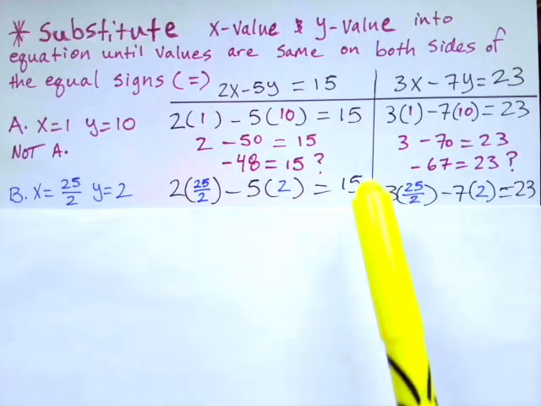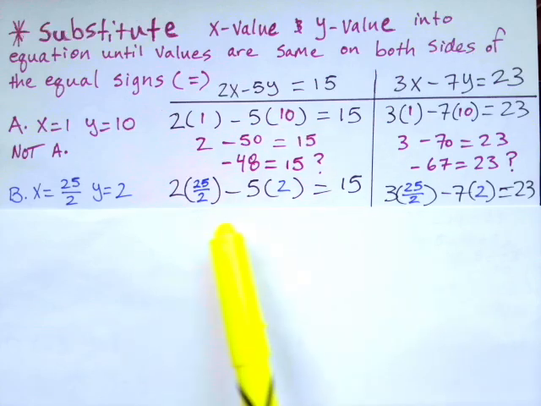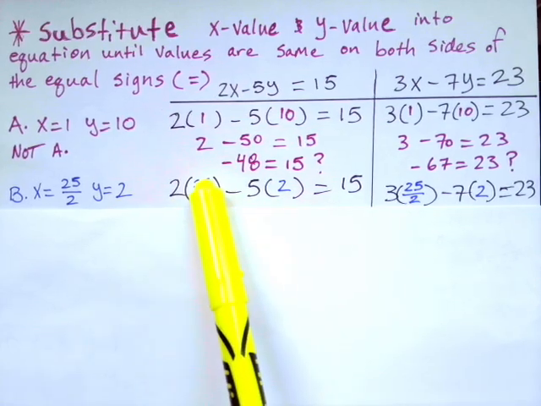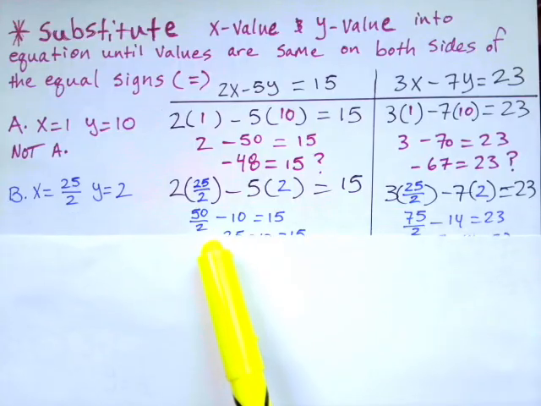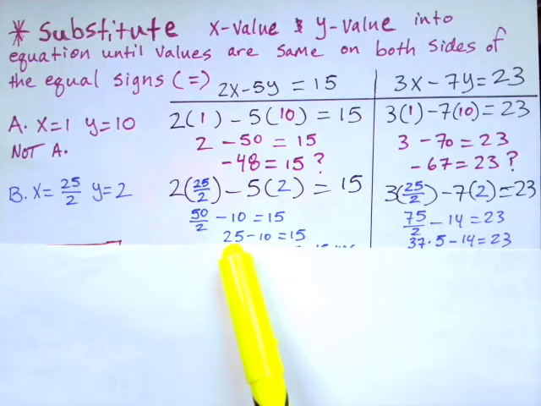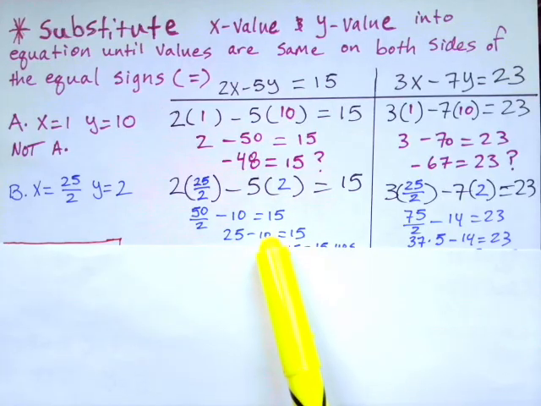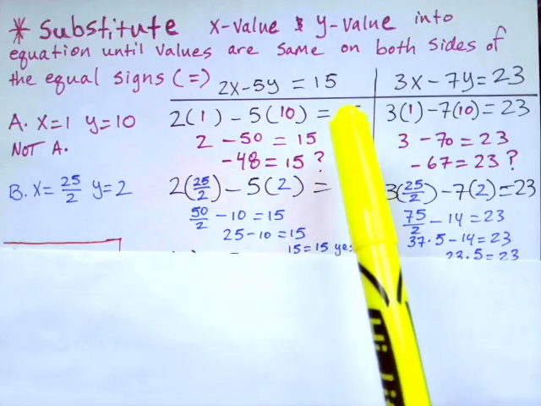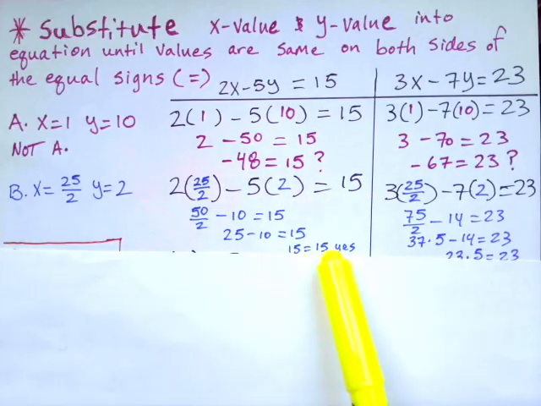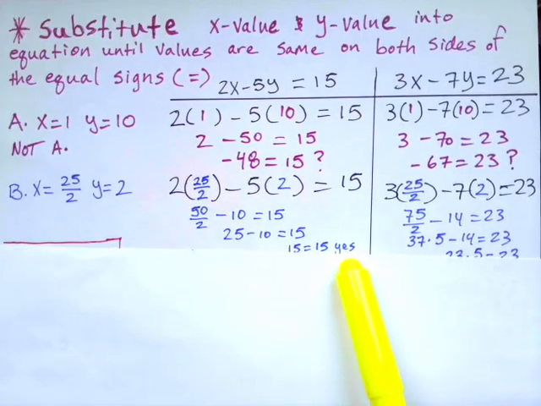Equals 15. So I'm going to multiply 2 times 25, which is 50, divided by 2 is 25. Negative 5 times 2 is a negative 10, so 25 minus 10 is 15. Wait a minute, 15 equals 15. Does 15 equal 15? Yes, it does.